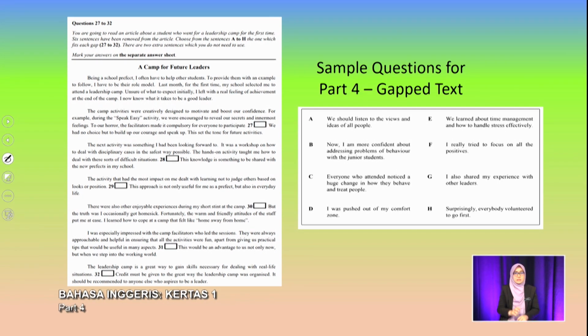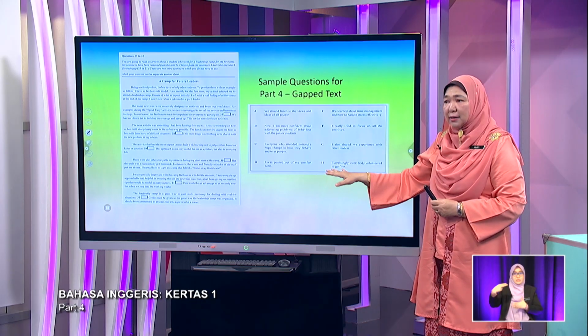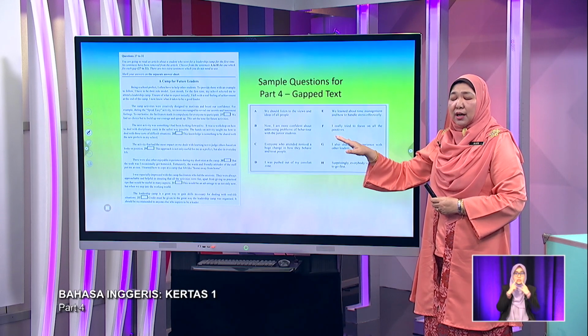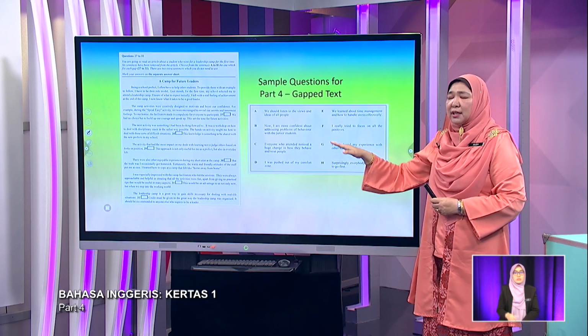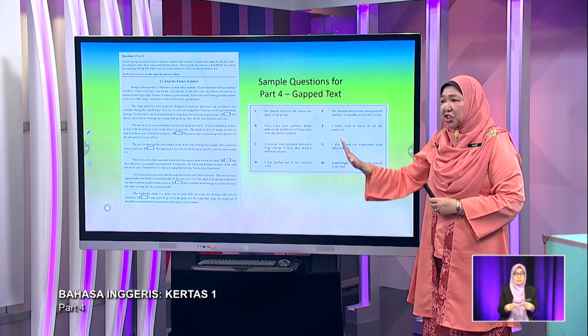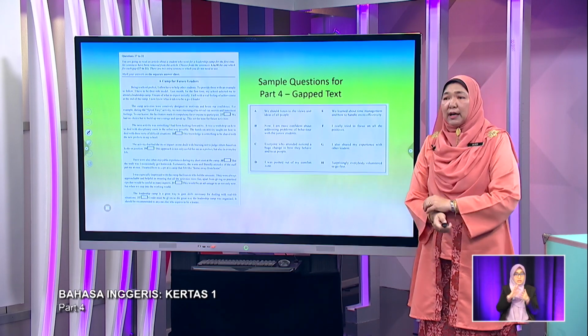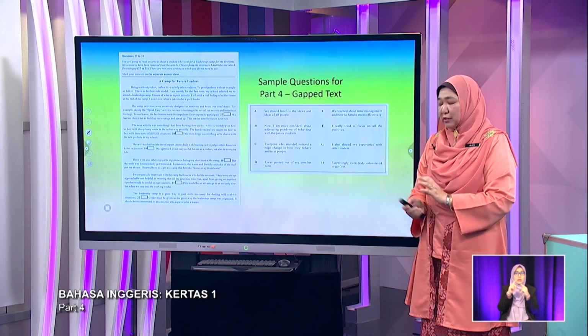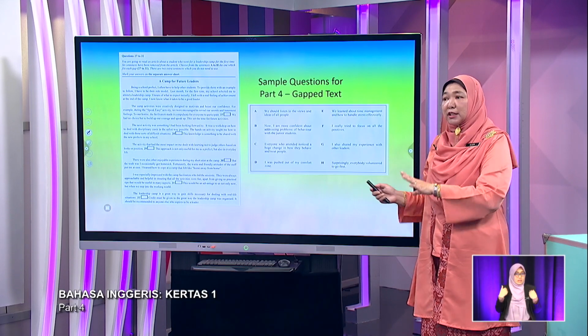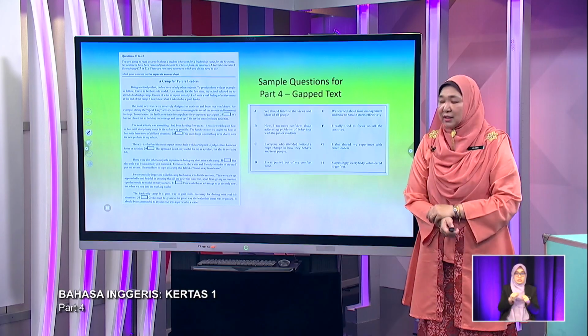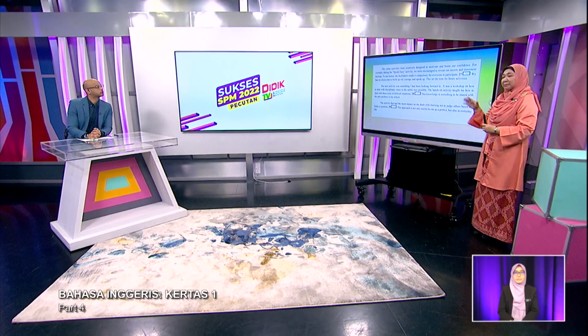These are the options A until H. In order to answer this part, you will be given an answer sheet to answer. Not only for this, but since part 1 just now. All right, so here I have made it bigger.